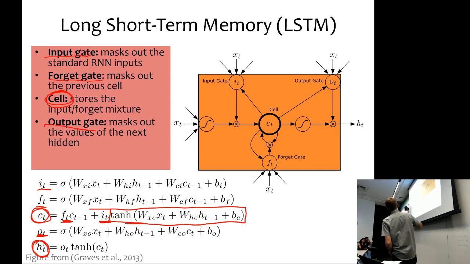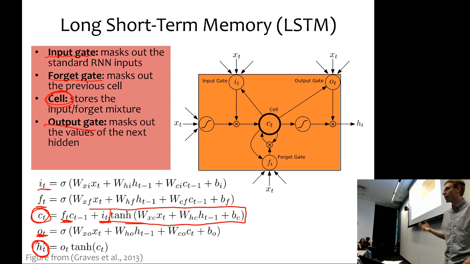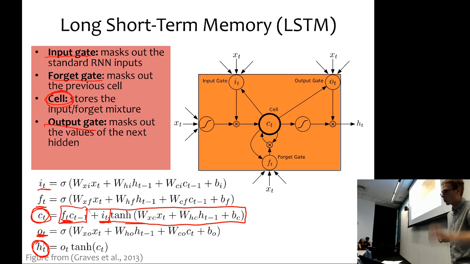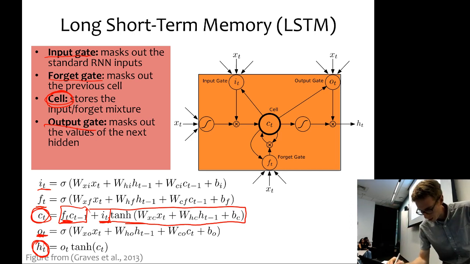Okay. So you could think of this as putting some weight on how much we want to take from the standard setup of the Elman network, and the forget gate is what's taking directly from the previous cell. And sorry, if this might not be obvious, the input gate is a real number, as is the forget gate here.